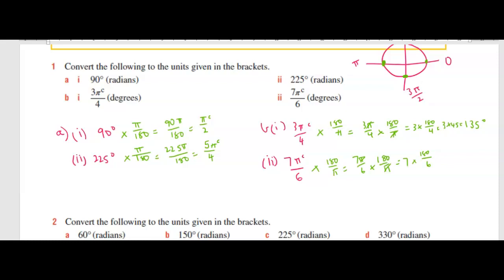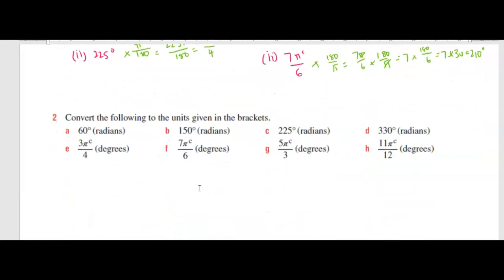So I think it's a little bit easier if you're doing things in your head to, instead of multiplying the 7 and the 180 and then dividing by 6, just make things a little bit easier for you. So 180 divided by 6 is 30. So you've got 7 times 30, which is 210 degrees. And if you needed a little bit of help, you can do that on your calculator.